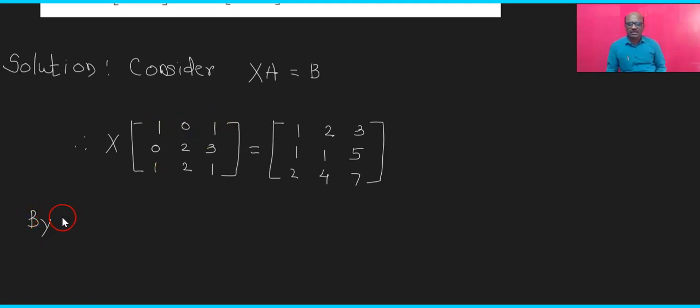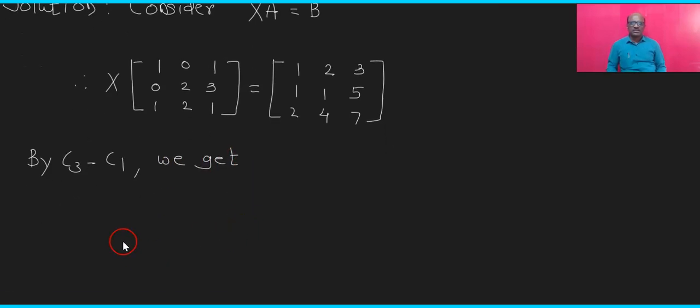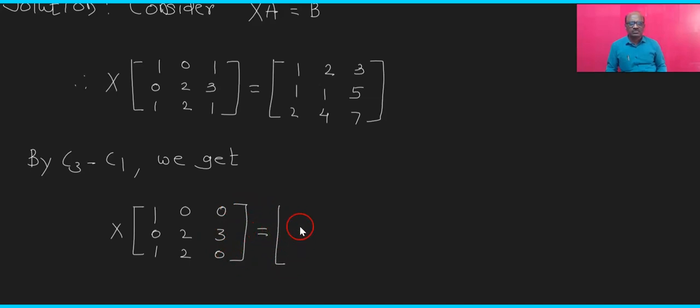Therefore by C3 minus C1 we get X [1 0 0; 0 2 3; 1 2 0] equals [1 2 2; 1 1 4; 2 4 5]. In the first row C3 minus C1 gives 2, next is 4, and last is 5.